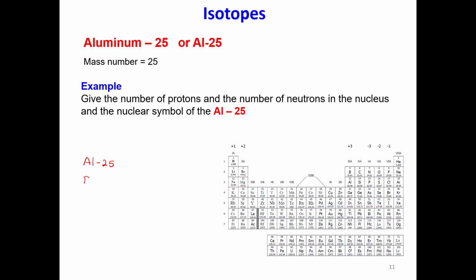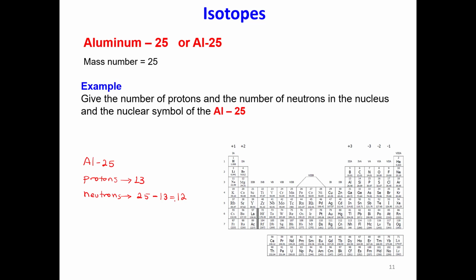First, let's write the number of protons equals 13. Then we need to find the number of neutrons. We know we can find the number of neutrons if we subtract the mass number minus the number of protons, which equals 12. Then the number of neutrons is 12.